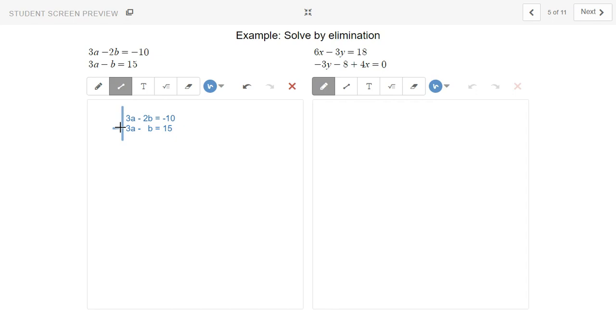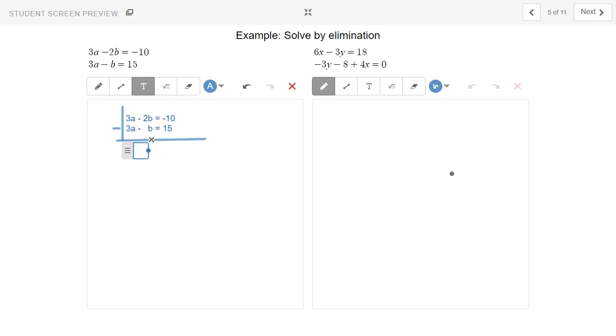Let's subtract. After I subtract, the a's are subtracted out. It's gone. Negative 2 minus 1.